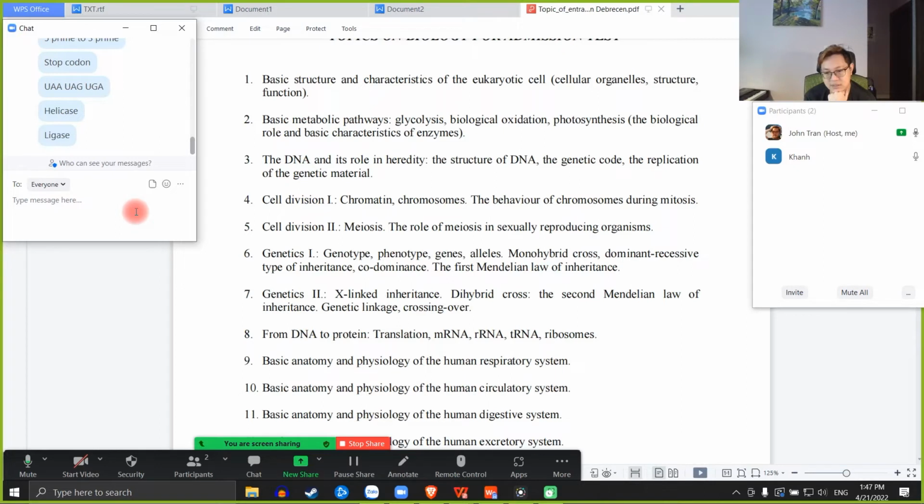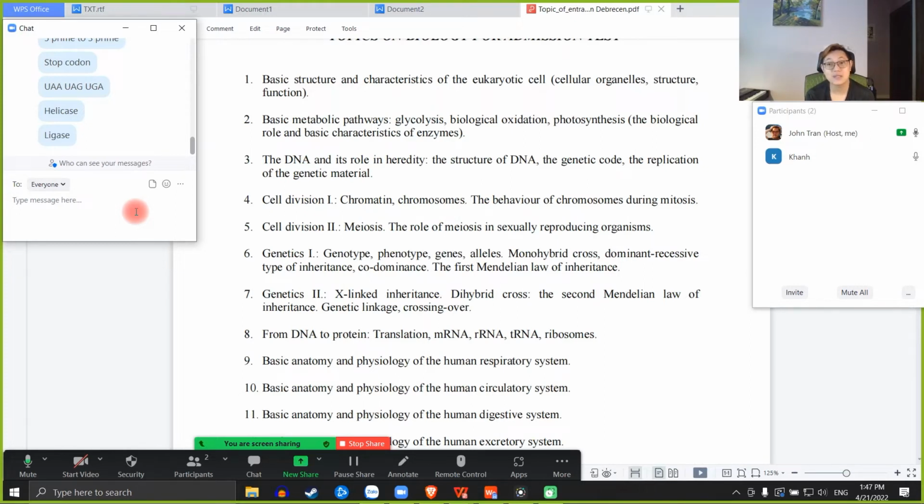Once the stop codon is reached, the ribosome will stop the translation process and release the strand of polypeptide.